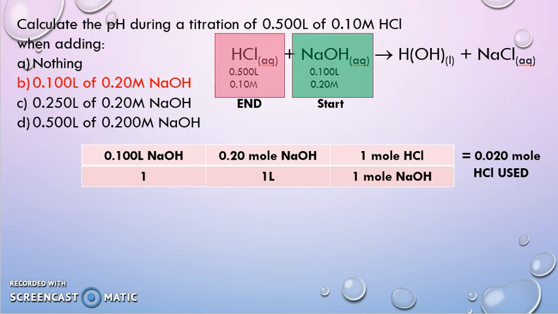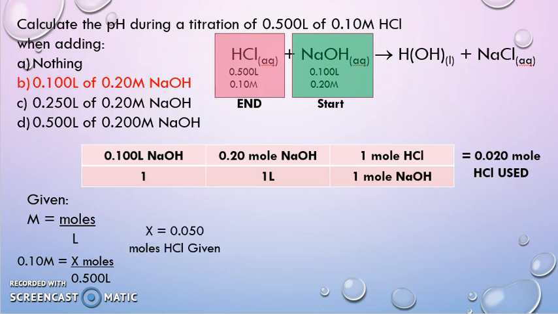That leaves me with 0.020 moles used of HCl. But that's not what's left over yet. So let's figure out how many moles I was given. Luckily, I was provided with not only the molarity, but also the volume of that material. I'll plug that information into my lovely little formula for molarity: molarity equals moles over liters, solving for the moles.